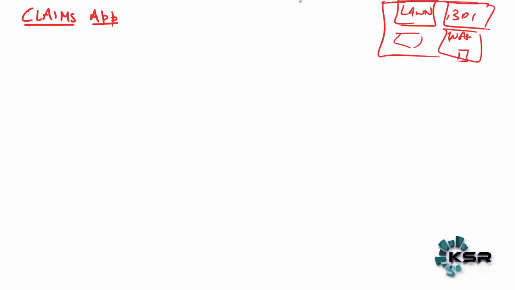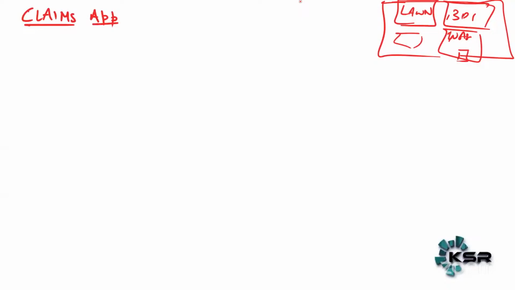Has anyone seen a blueprint? Layout? That's a blueprint. Very good. And then you will be getting 3D, 4D, I'm not sure how many Ds, all the designs. Similarly, here for the claims app, not exactly a blueprint of how it will look, but I will be creating the architecture, like what will be the components available in the app.